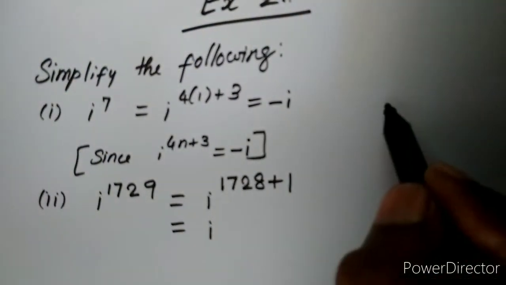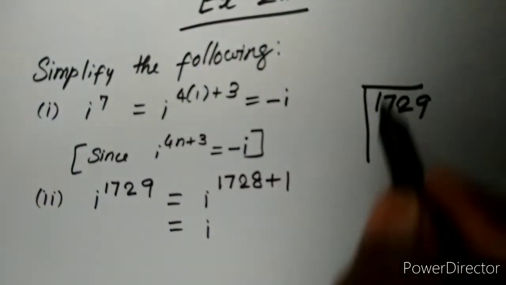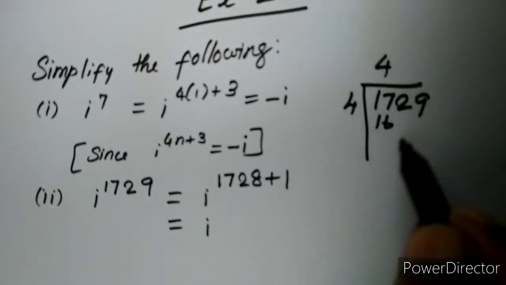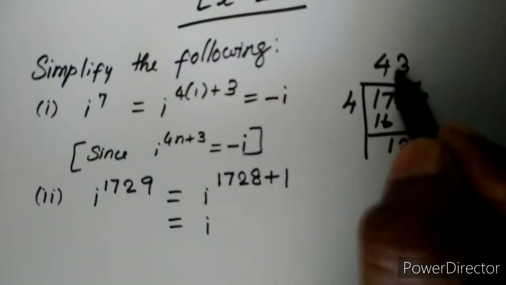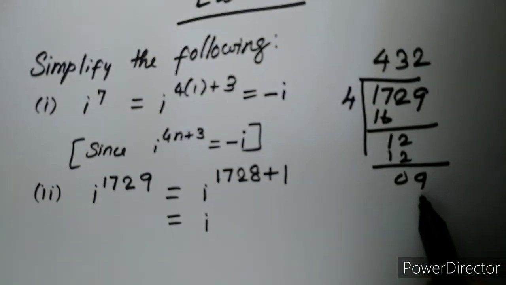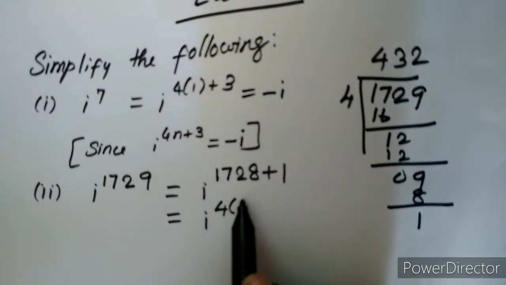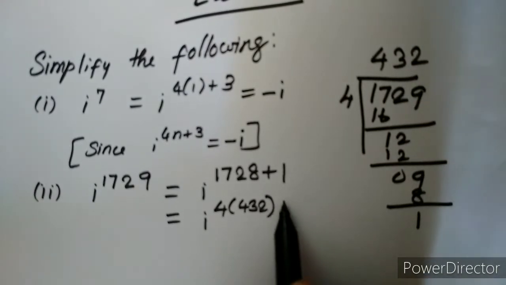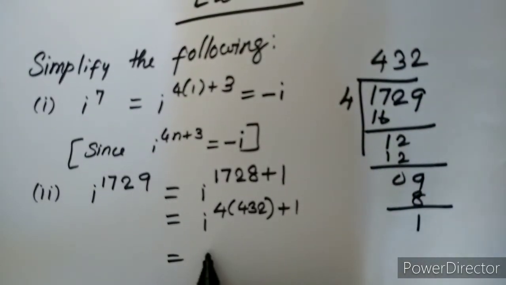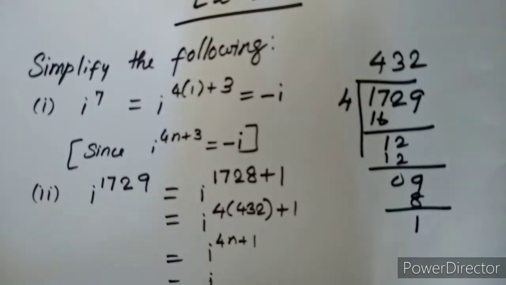Do the normal division, 1729 divided by 4. Therefore, i power 4 into 432 plus 1. It is like i power 1. i power 1 answer is i.